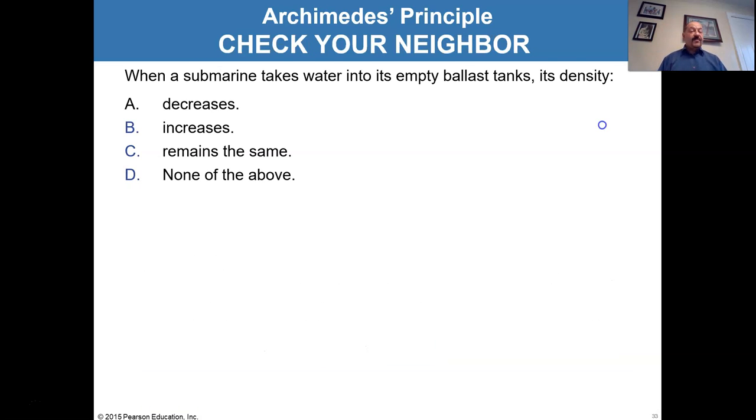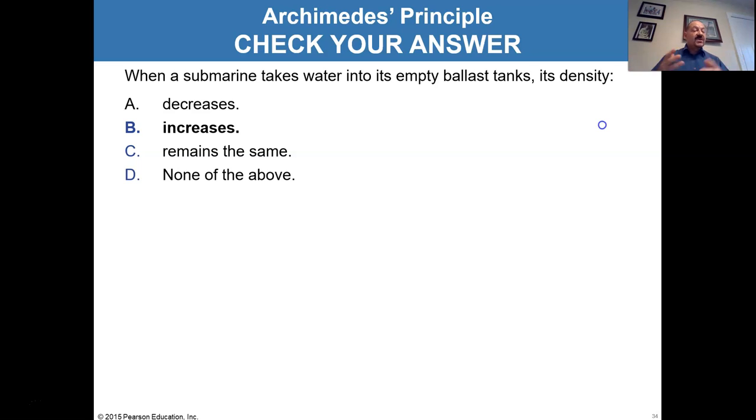Okay. When a submarine takes water into its empty ballast tank, so this is just like the air bladder in fish, its density: decreases, increases, remains the same, none of the above? Well, you're not changing the volume. The volume of the submarine stays the same. These are tanks that are already on the ship, but you are adding more mass to the ship when you're adding water to the ballast tanks.